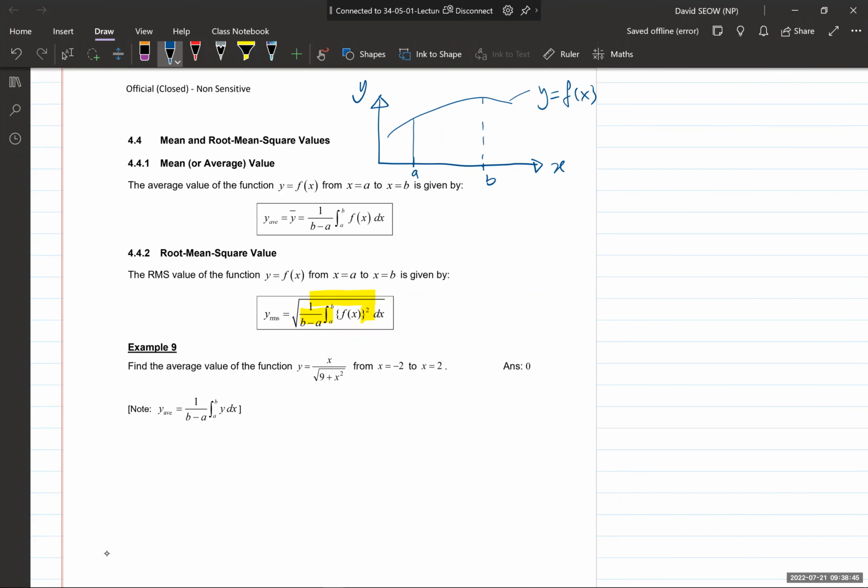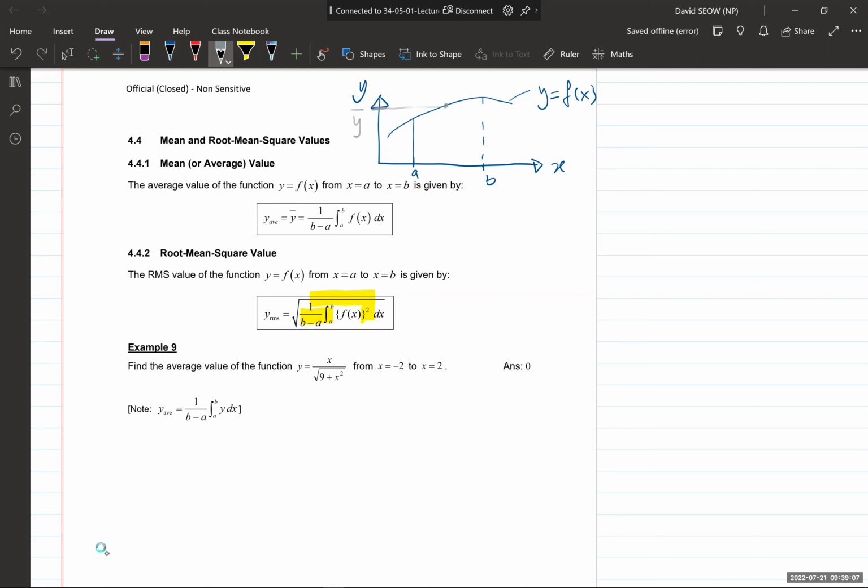If I'm finding the mean average, I will end up somewhere along this point. This will be my mean value, y bar.